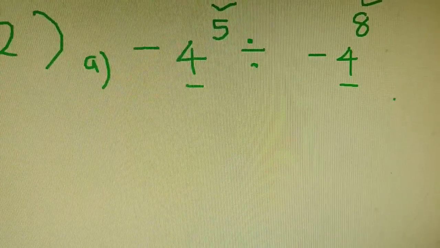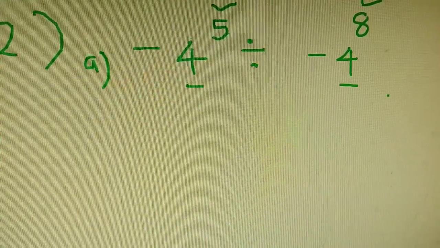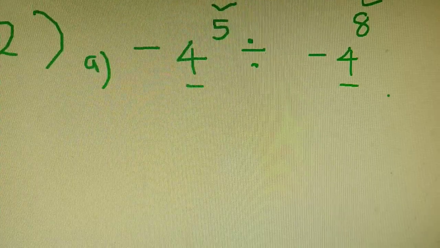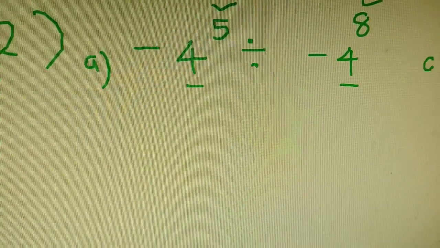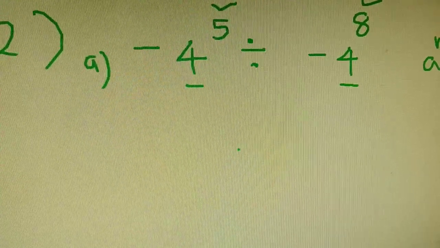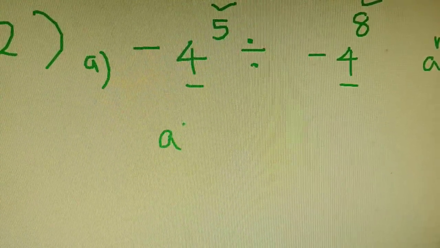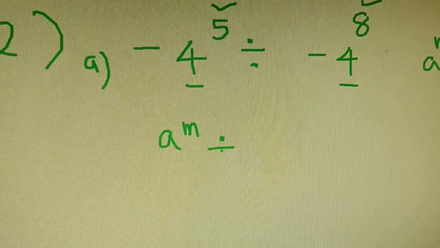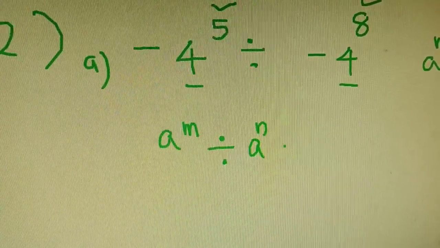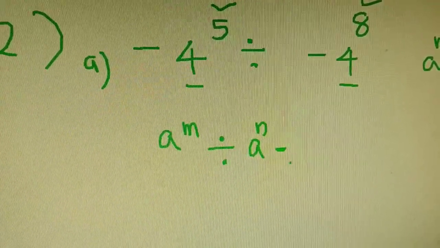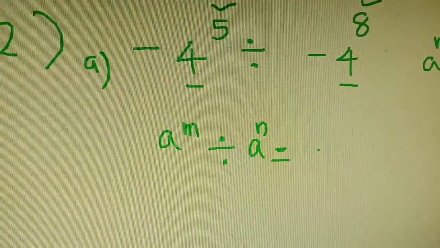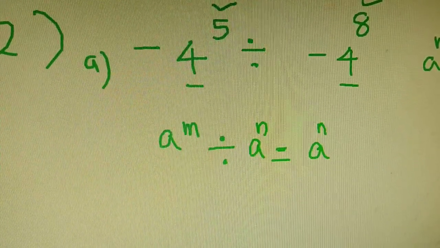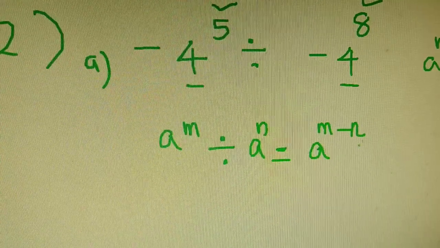So here we can apply the law a to the power of m divided by a to the power of n. What is the answer of a to the power of m divided by a to the power of n? That is a to the power of m minus n.